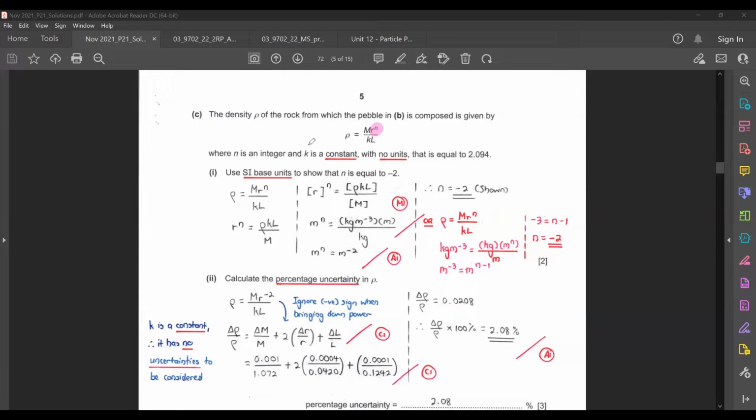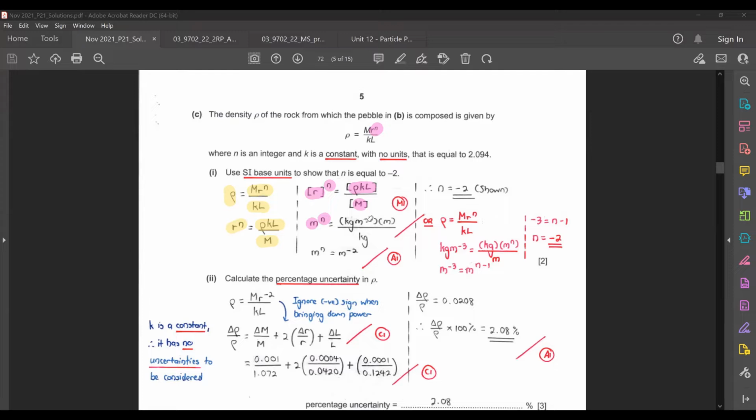So if I have rho is mr power n divided by kl, I make r power n the subject, I get rho kl divided by m. So from here, the unit of r raised to the power of n is the unit of rho kl over the unit of m. So unit of r is length, is meter power n.